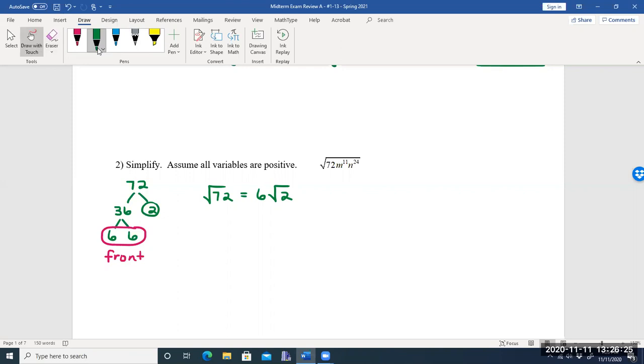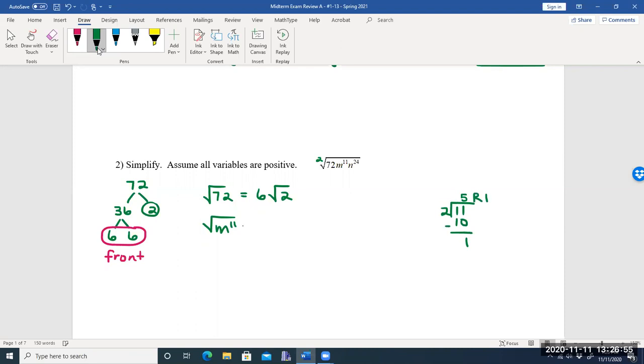Now with the variables, so the square root of m to the 11th, what I like to do with the variables is take the exponent and divide by the index. Our index is a 2 when you've got a square root. You don't see it there, but it's assumed to be 2. 11 divided by 2: 2 goes in 5 times, which is 10, and the remainder is 1.